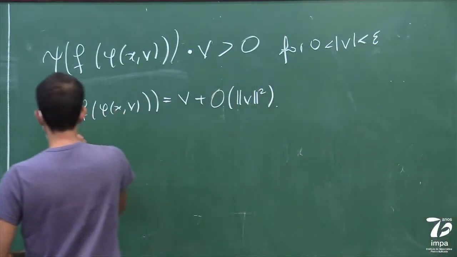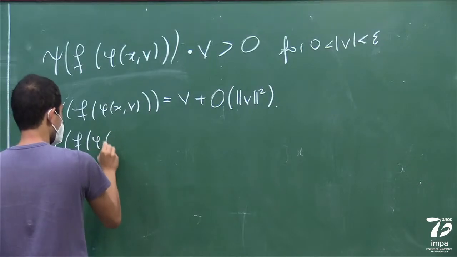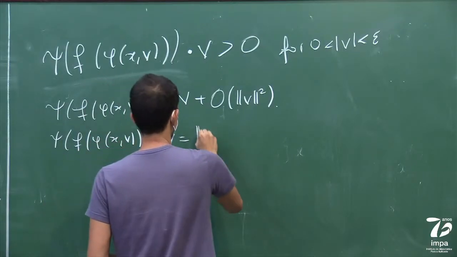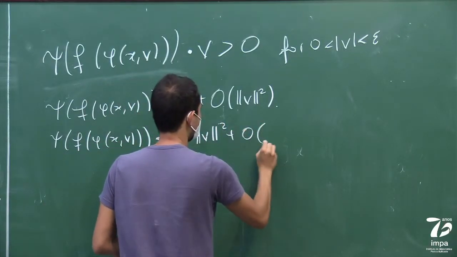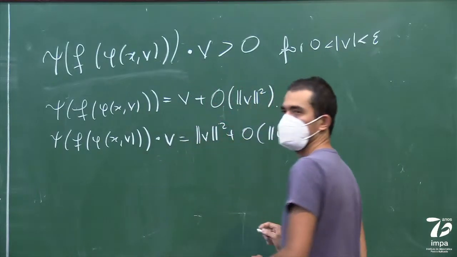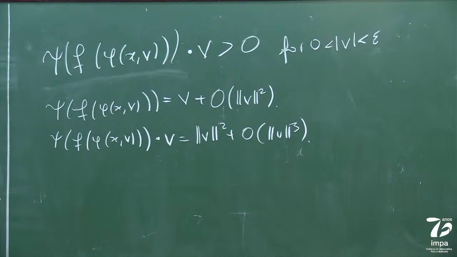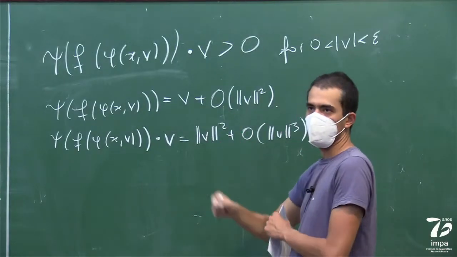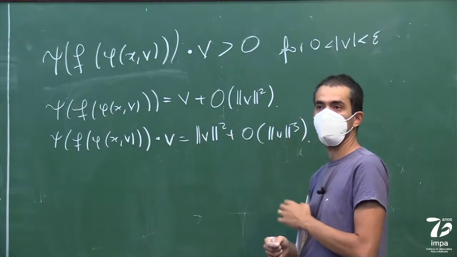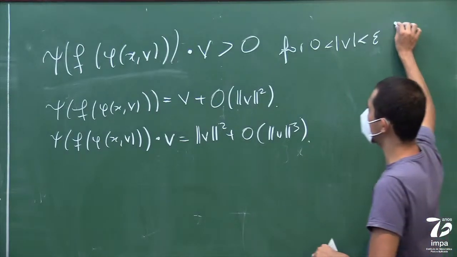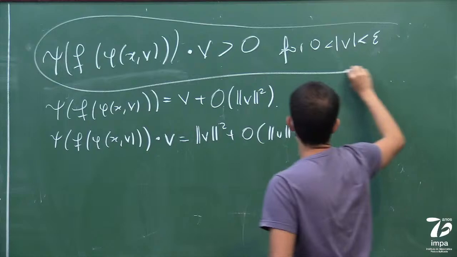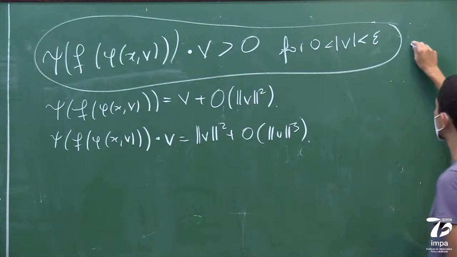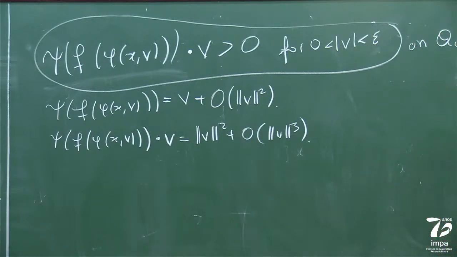So when you take the inner product with v, this is going to be norm of v squared plus the order of norm of v cubed. That's why, if norm of v is sufficiently small, this is quadratic, so it will be positive for v different from 0. So this is the condition that I want, and you see why this is important. Okay, so I do this on Q0, for x on Q0.